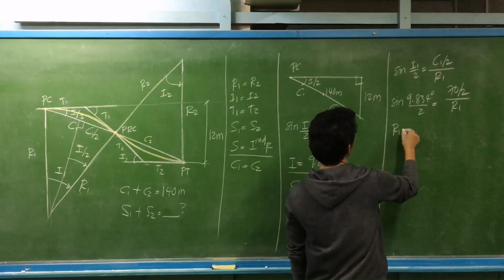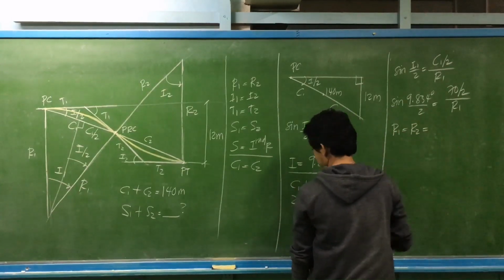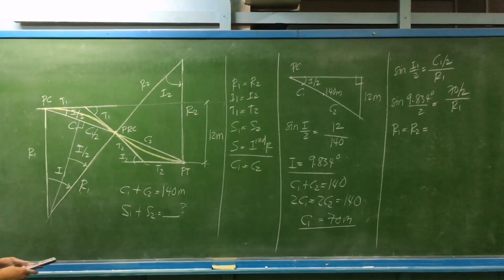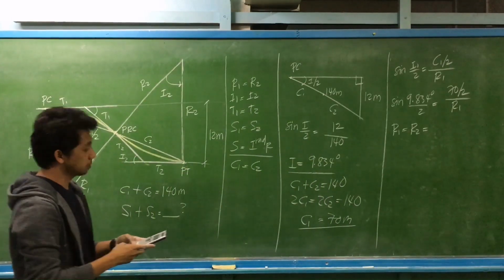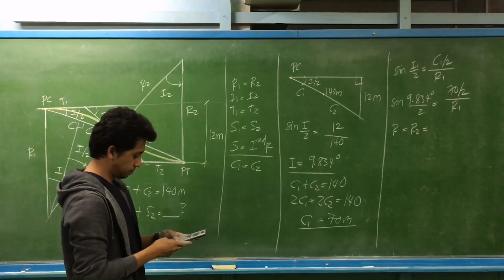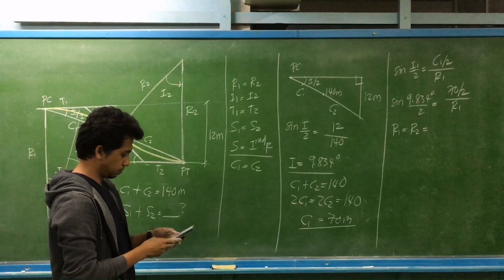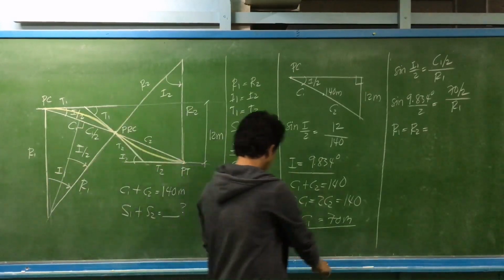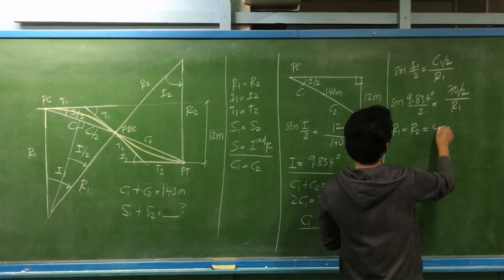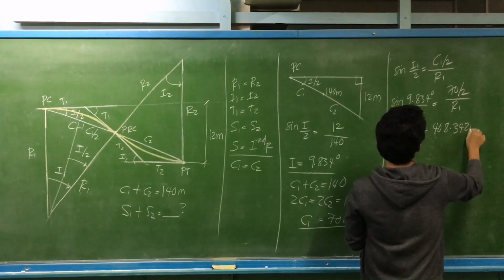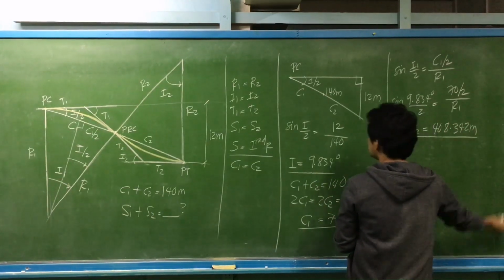This radius 1 is the same as radius number 2. So radius 1 and radius 2 are equal to 408.342 meters. Those are our radii.